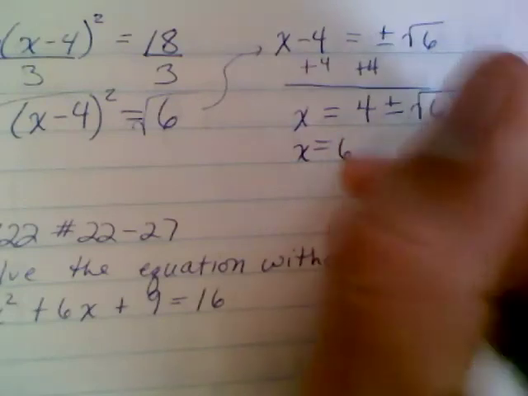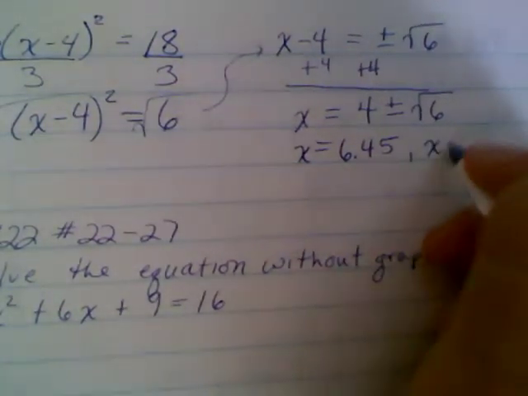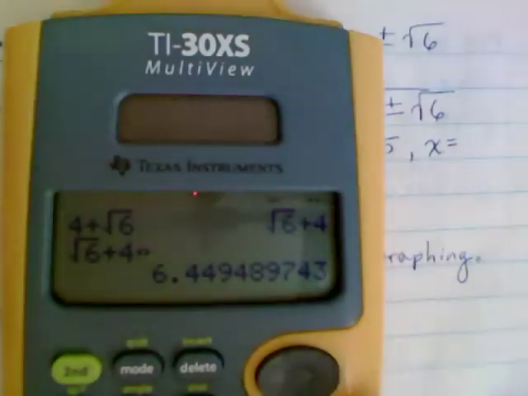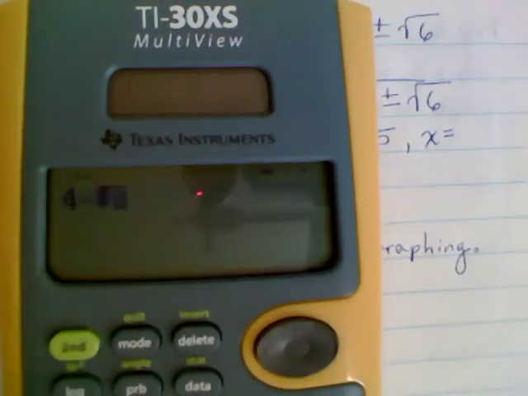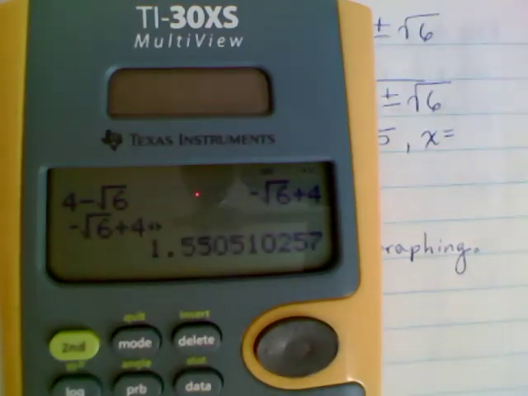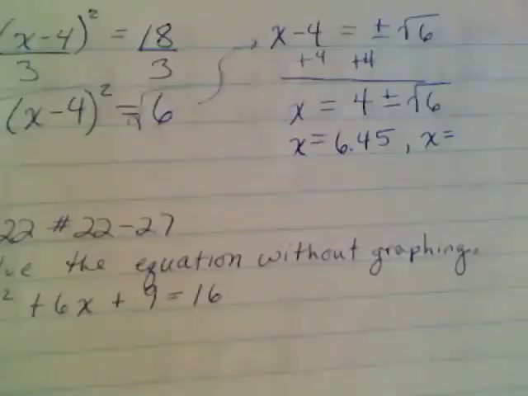X equals 6.45. And also x equals, now I'm just going to type in 4 minus the square root of 6. Push enter, and then push that button that turns it into a decimal. It's the button that looks like this. 1.55.